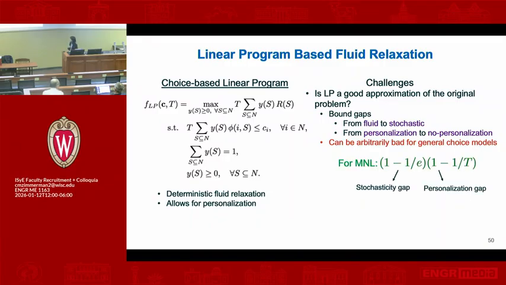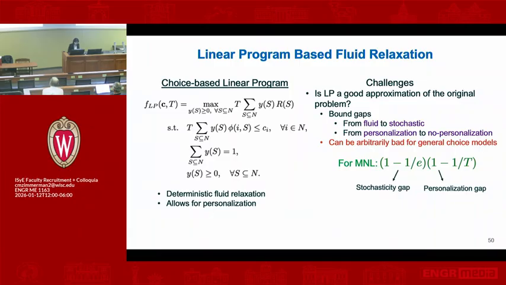But for ML, we can actually show the stochastic gap is 1 minus 1 over e. This matches the stochastic gap for many classic online matching settings, but here the analysis is very different. And the personalization gap is 1 minus 1 over T. So this is the beta factor we have for the second step. If we combine this beta factor with the 1/2 for alpha in the first step, we will get the final approximation guarantee.